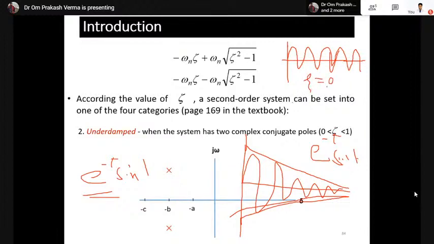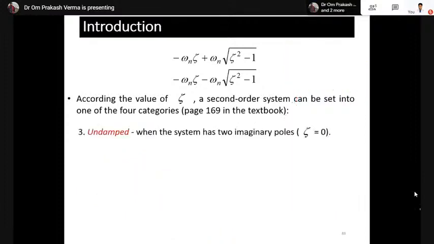Now, when you increase the value of zeta from 0 to 1, when we have taken 0.5, you have seen this type of underdamped response. This sustained oscillation has changed to the underdamped type of system. Now see what happens when zeta is taken as exactly 1.